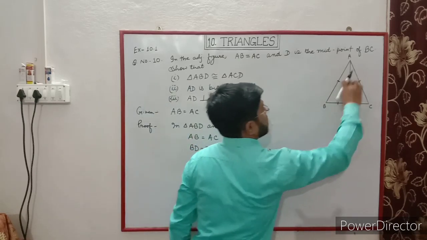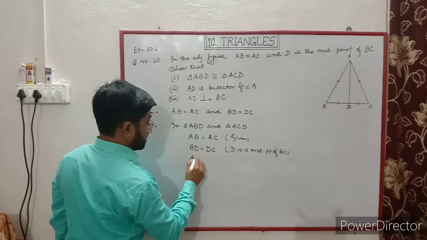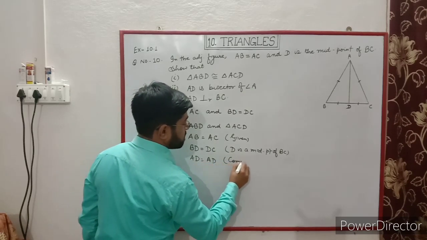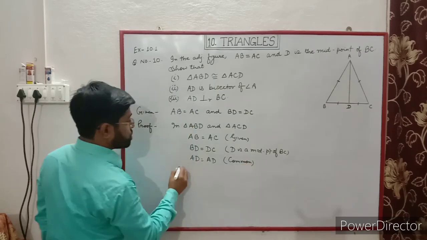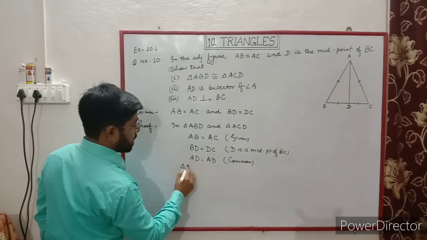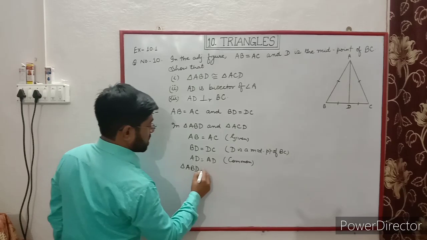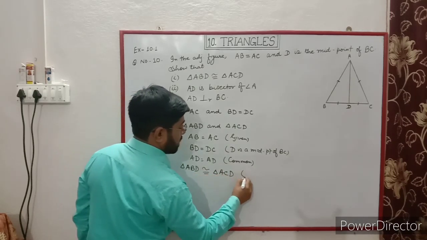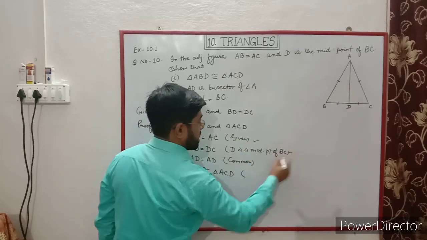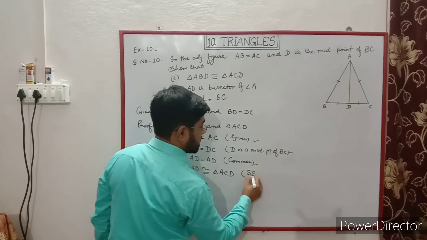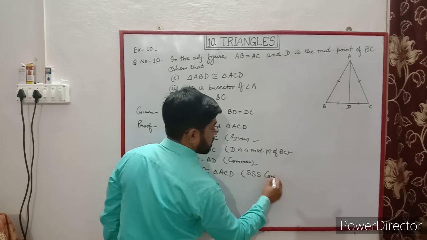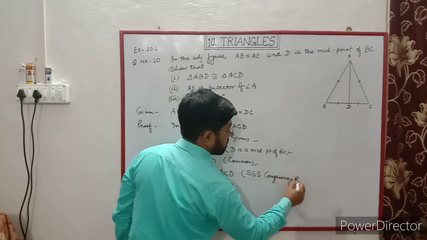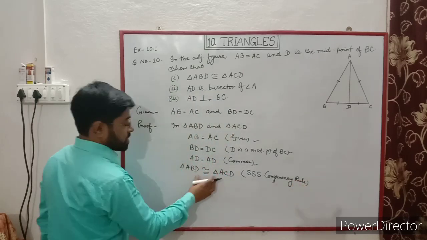Now AD is the common side, so AD is equal to AD, common. So triangle ABD is congruent to triangle ACD by the SSS congruency rule. Now the first part is proved.